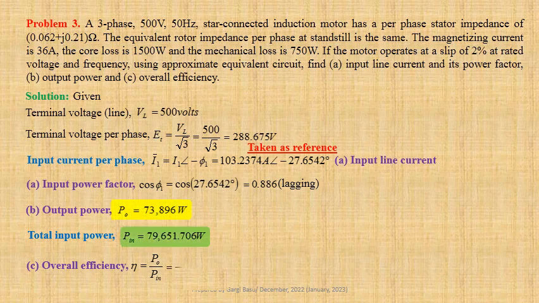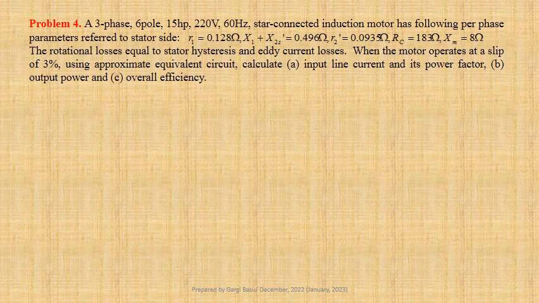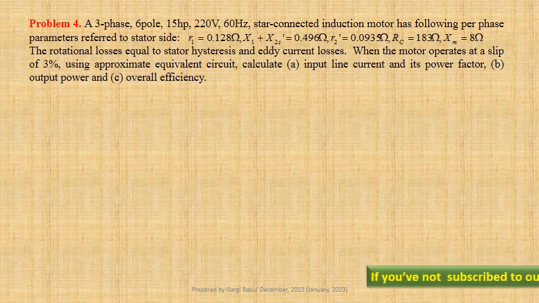Therefore, eta equals 73,896 divided by 79,651.706, that is equal to 0.92774 per unit or 92.774%.